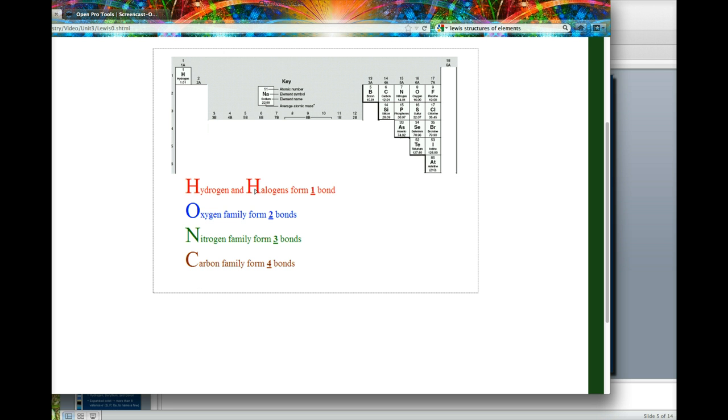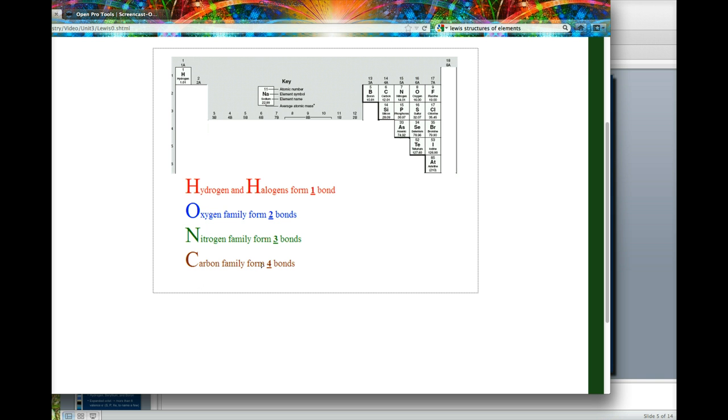Hydrogen and the halogens will form 1 covalent bond in covalent molecules. Oxygen and the oxygen family, meaning the non-metals in the oxygen family, will tend to form 2 bonds. Nitrogen and the members of the nitrogen family, in particular phosphorus, will tend to form 3 bonds.